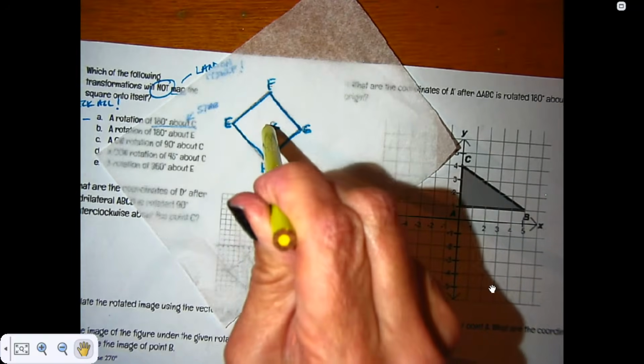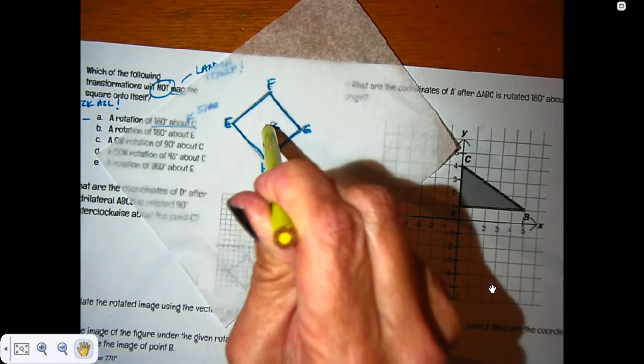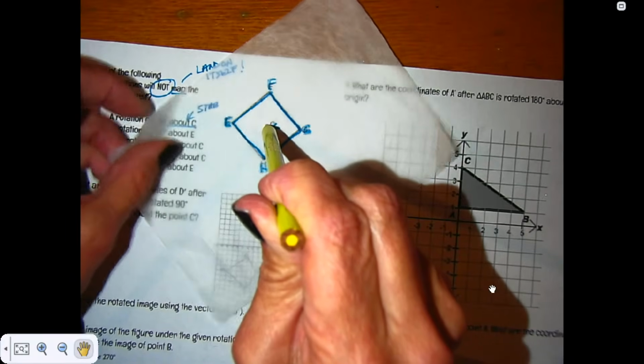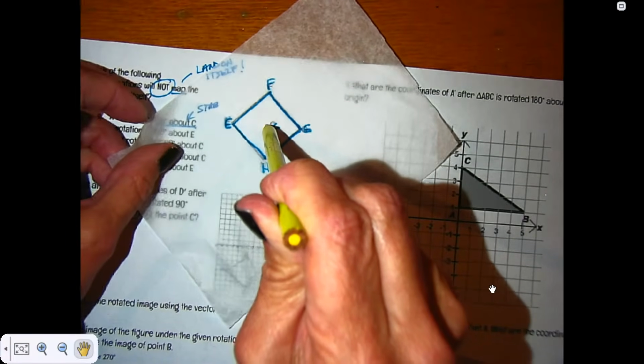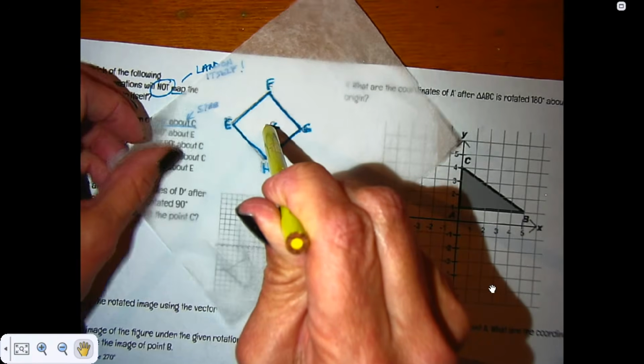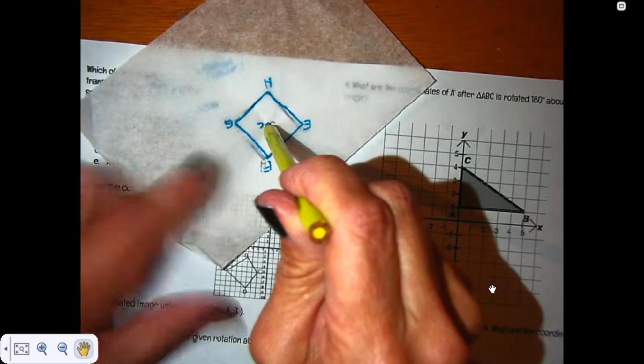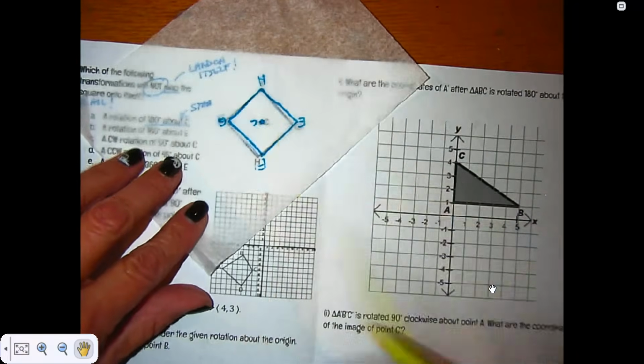Okay, I'm holding it down at C, and I'm going to do 180 degrees. Now 180 degrees is halfway around. So that means my F up at the top is going to be going down to the bottom. It doesn't say which way, so I'm going counterclockwise, rotating so the F gets down to the bottom. And the question is, after I do that, does the shape land exactly back on itself?